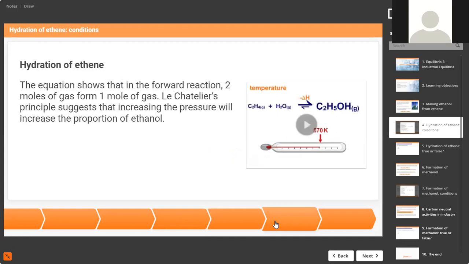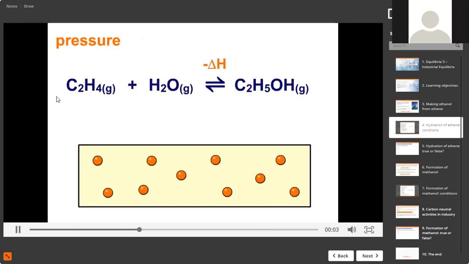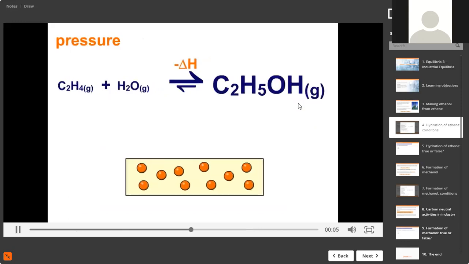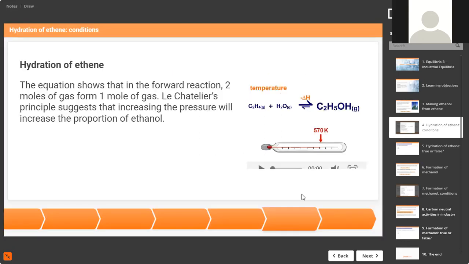So hydration of ethene still. The equation shows that in the forward reaction, 2 moles of gas form 1 mole of gas. Le Chatelier's principle suggests that increasing the pressure will increase the proportion of ethanol. So we've got 2 moles to 1 mole, we increase the pressure, we increase our proportion of ethanol.